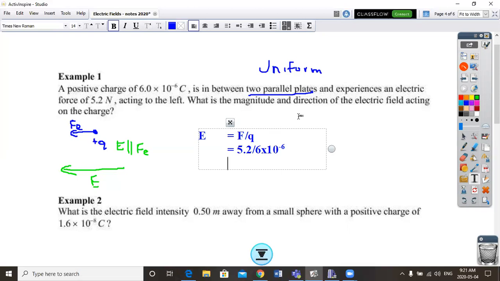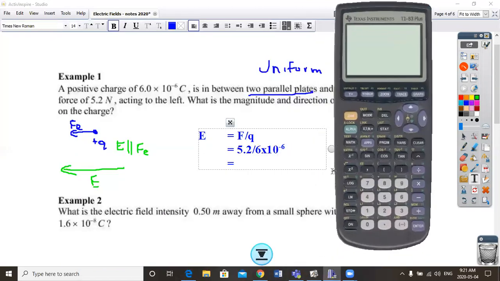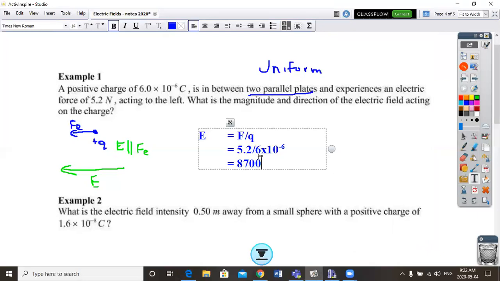And we can get our answer. 5.2 divided by 6 times 10 to the negative 6 gives us 800,000-something. If we're going to 2 sig figs, this would be 870,000 newtons per coulomb. 870,000 newtons per coulomb, and the direction would be left. Okay, and that would be a review from what we did in grade 11 for a uniform field.